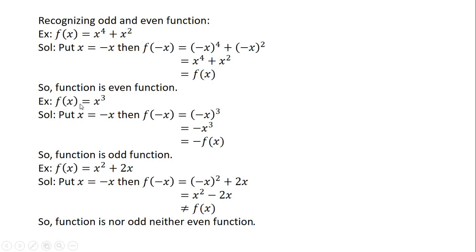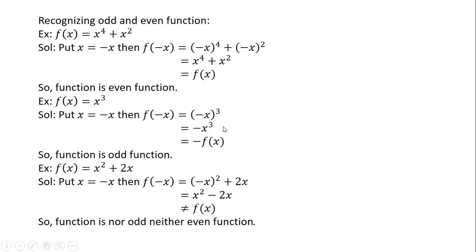F of x equals x cube. In this we will put x equals minus x. So it becomes f of minus x equals minus x power cube. Then it becomes minus f of x. We take the common factor; here we have only one value, so we have minus f of x.